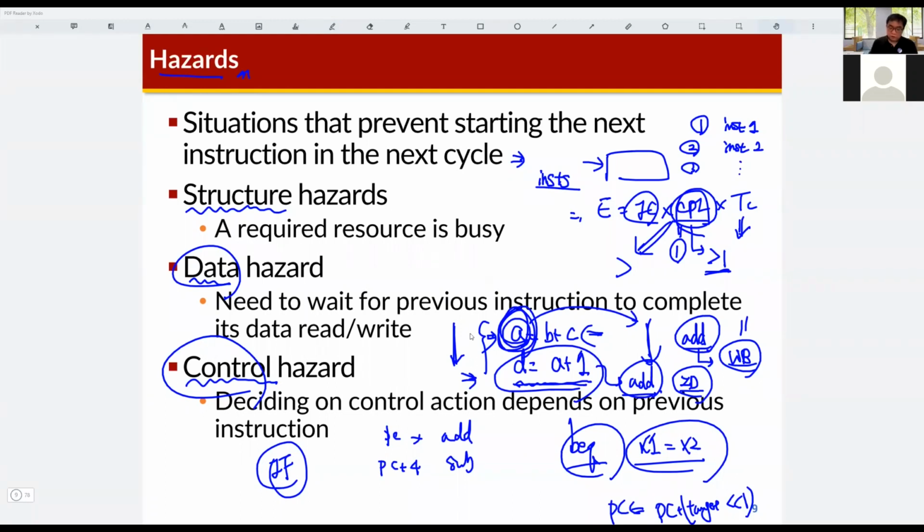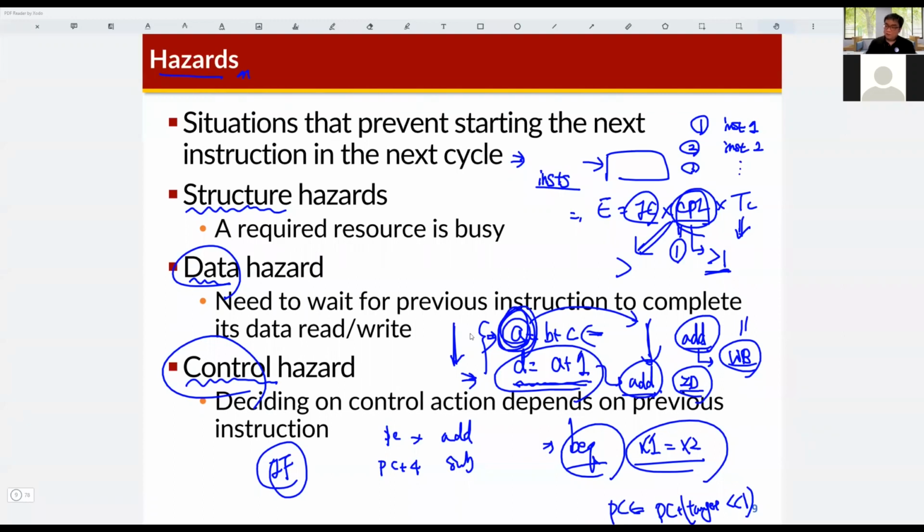Because of this branch instruction, we don't know which instruction will be fetched next, because there are two cases: the very next instruction or the instruction pointed to by the target of the branch instruction.